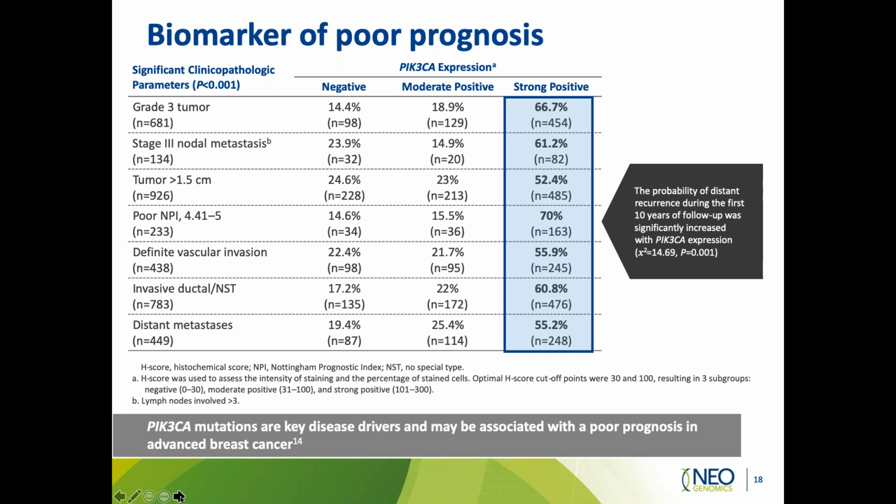And overall, the probability of distant recurrence is significantly increased in cases with increased PIK3CA expression. And therefore, PIK3CA mutations are key disease drivers and are associated with a poor prognosis with advanced breast cancer. It's been known for a long time that it's been a poor prognostic marker. But why we're talking about it today is because of its predictive value.